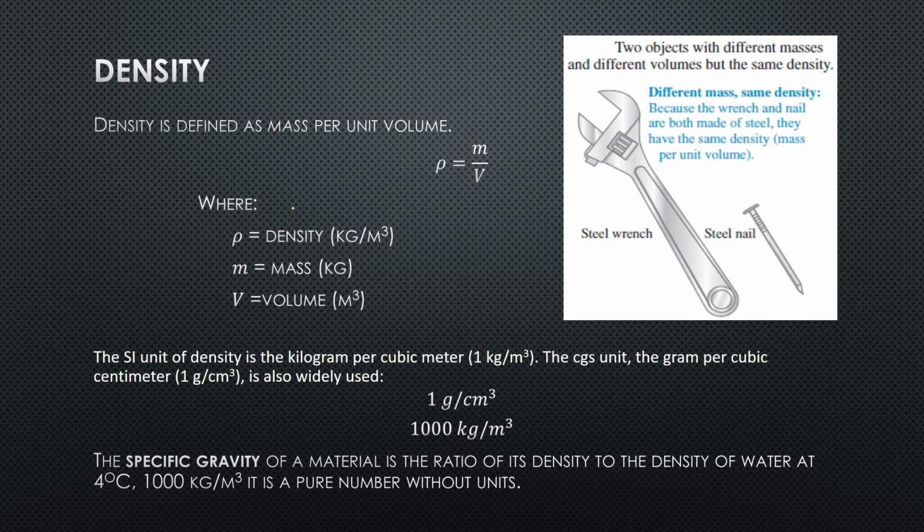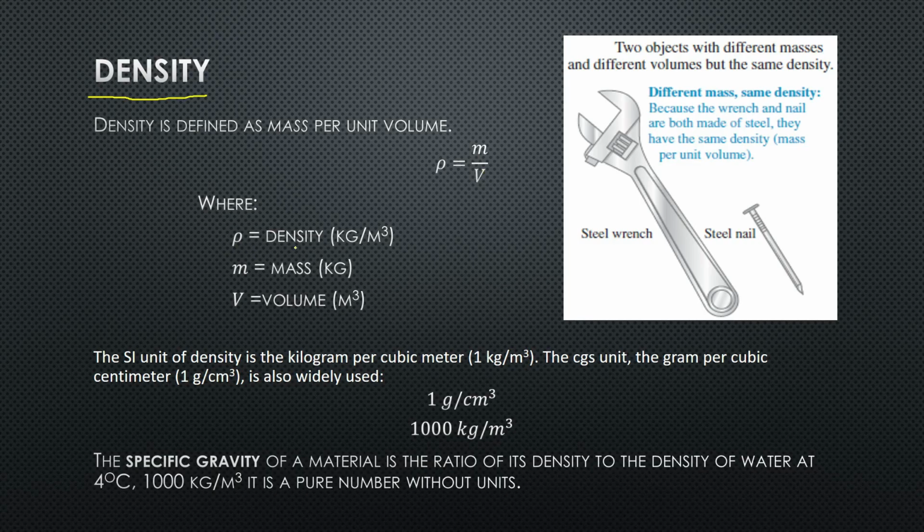First, we need to define what density is. Density is defined as mass per unit volume. That is, density, which is rho, will be equal to mass per unit volume.